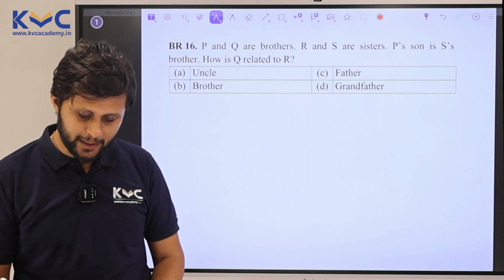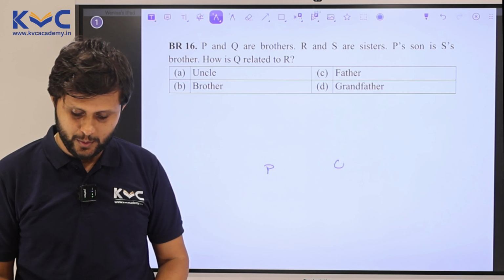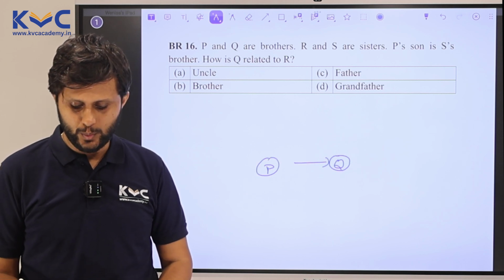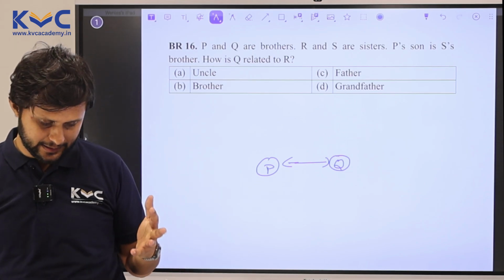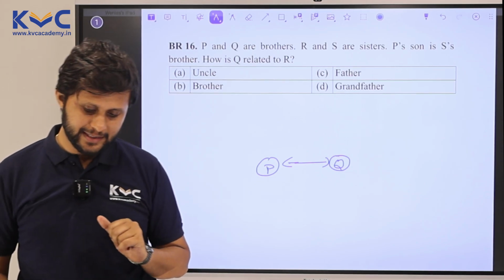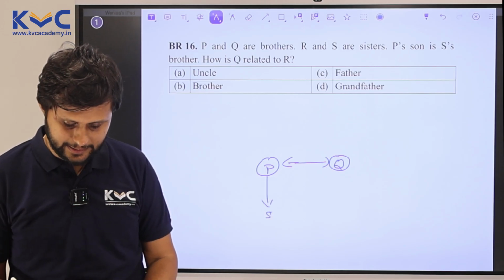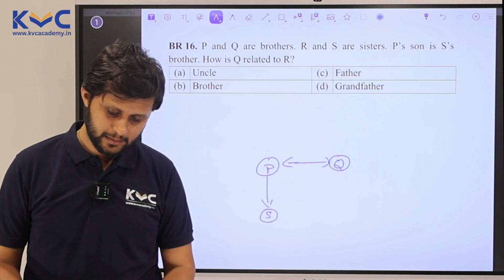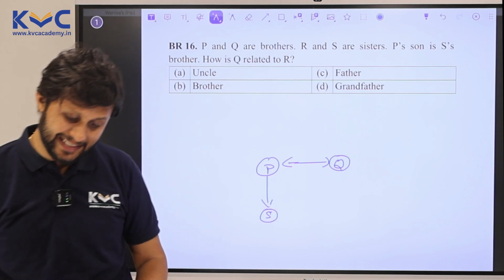P and Q are brothers. So two-way relation now. We have P, we have Q, we have two-way relation. R and S are sisters. We'll keep that pending. P's son is S's brother.